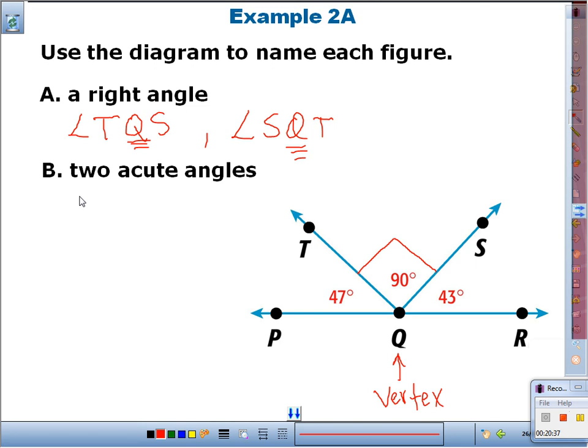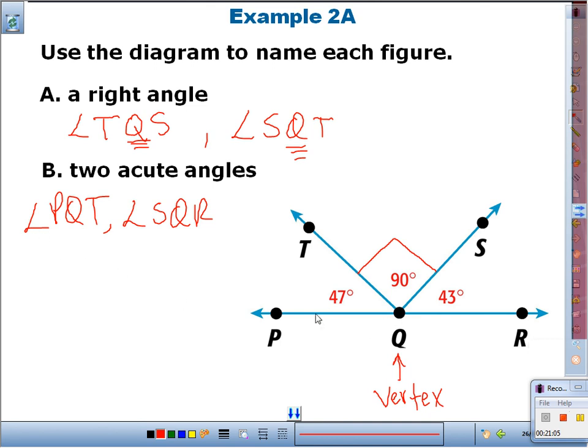So tell your neighbor, what are two acute angles? Who said PQT? That is incorrect. Who said angle PQT? PQT. And what's the other one, everyone? Angle SQR. Okay? Now look up really quick.